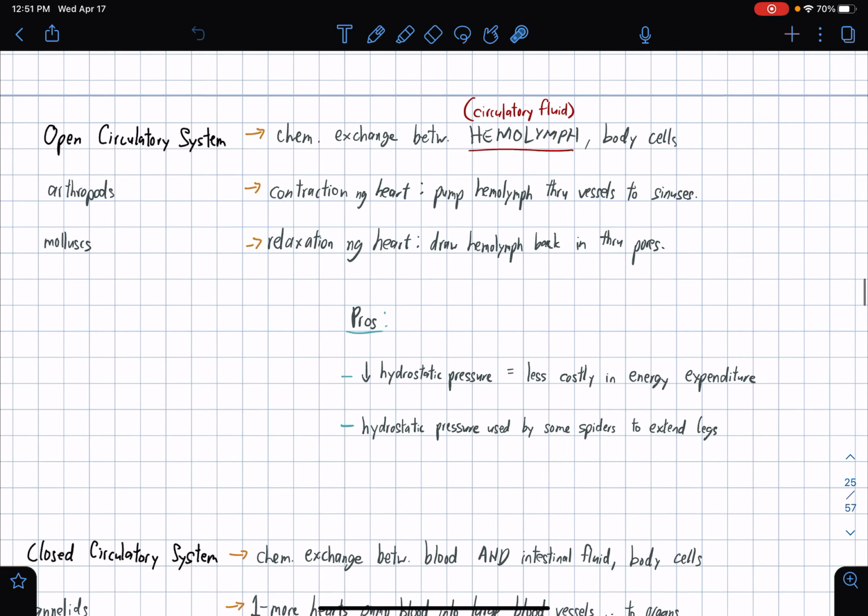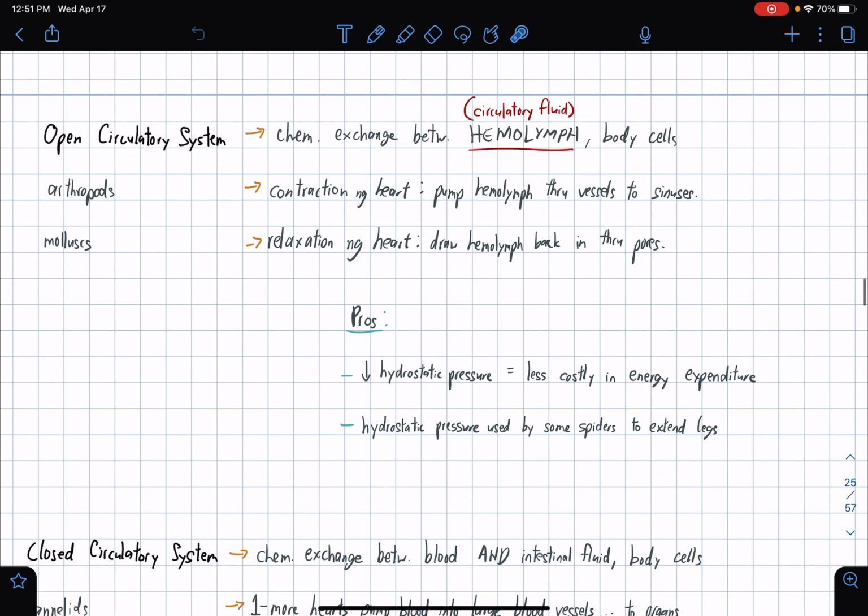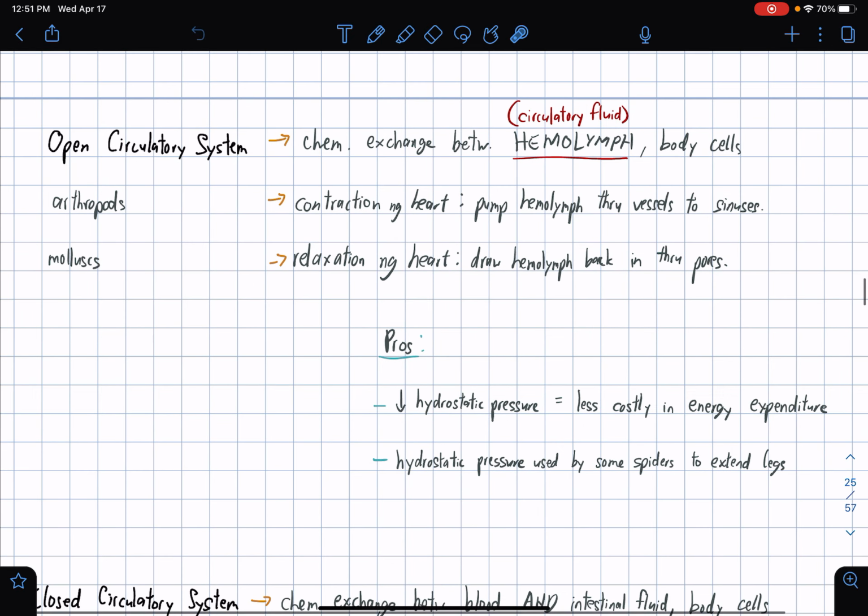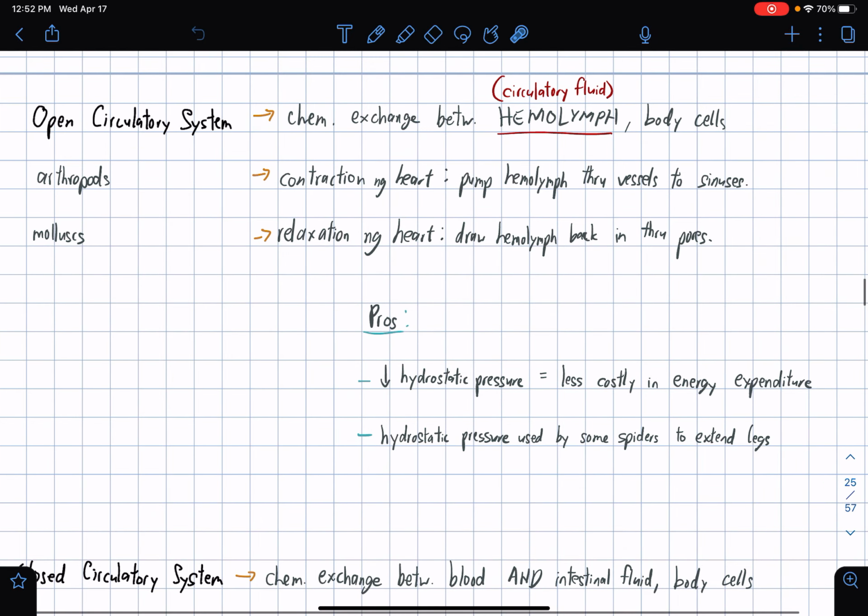So next, open circulatory system. This is the chemical exchange between the circulatory fluid called hemolymph and the body cells. The contraction of the heart pumps hemolymph through vessels to sinuses, and relaxation of the heart draws the hemolymph back in through the pores. What are the advantages of an open circulatory system? I'm not sure why we have this in the first place.